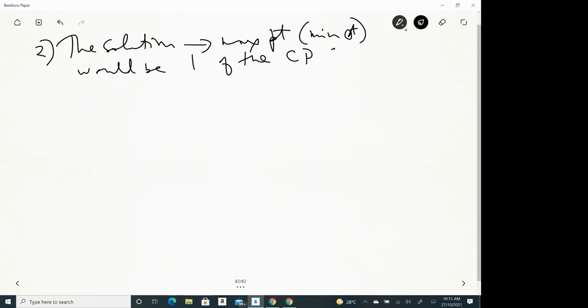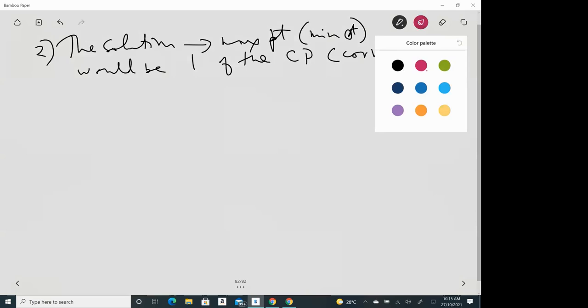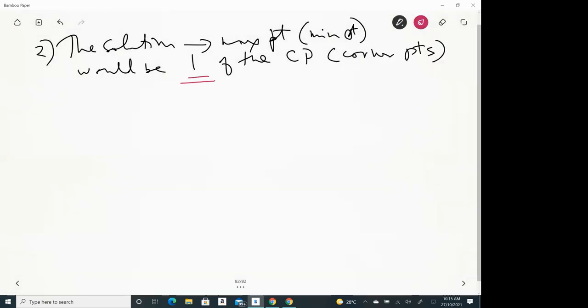CP means corner points. So the solution would be one of the corner points. You will not have the solution at just any point in the feasible region. The solution will be one of the corner points.